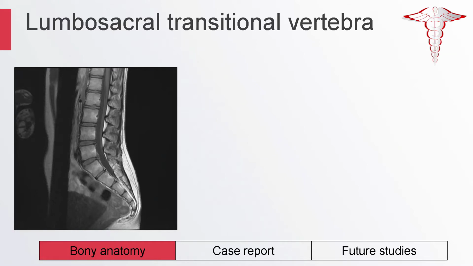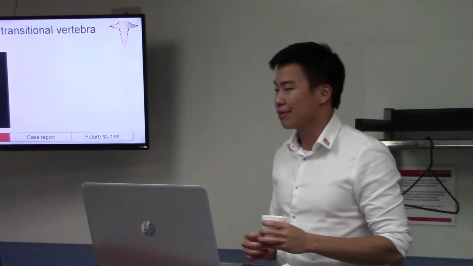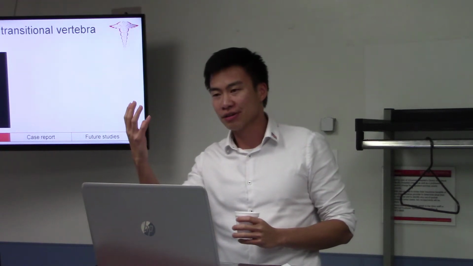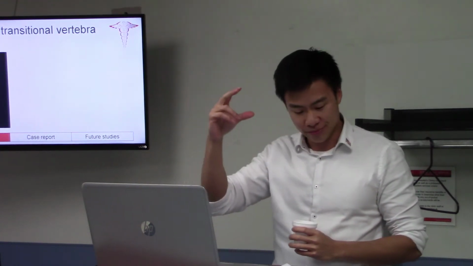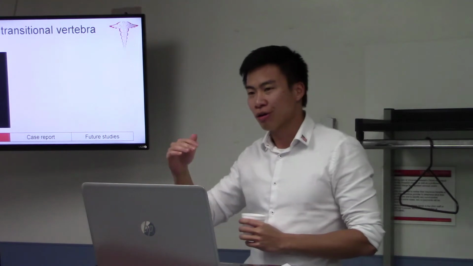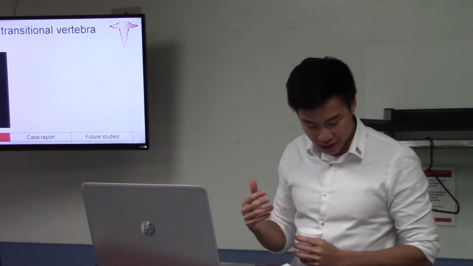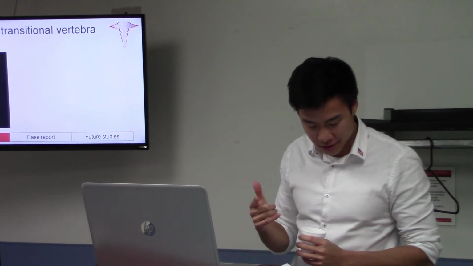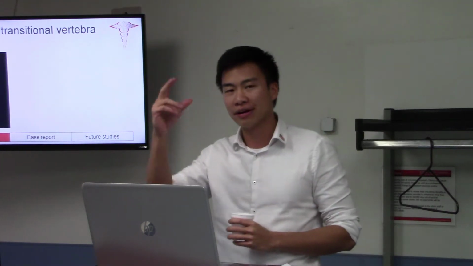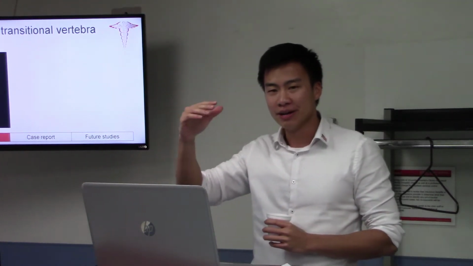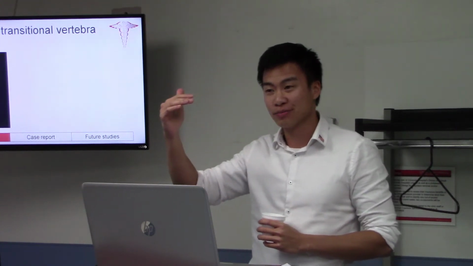Basically, you can have either sacralization of L5, so L5 being a part of the sacrum, or lumbarization of S1. The former, sacralization of L5, is present in 25% of people.